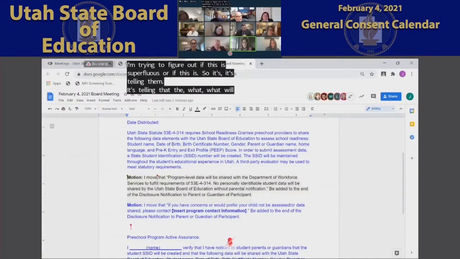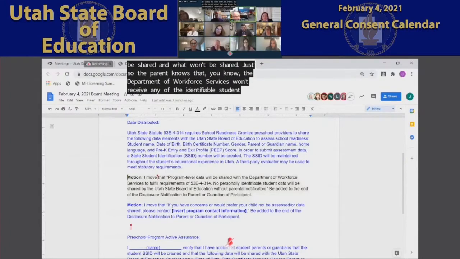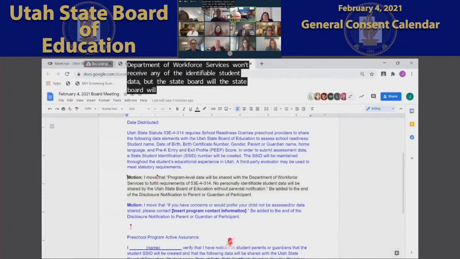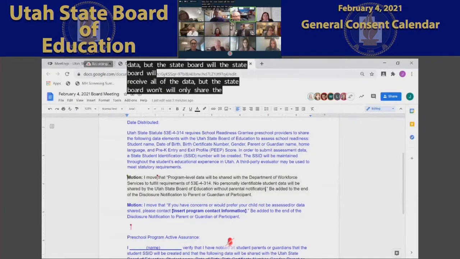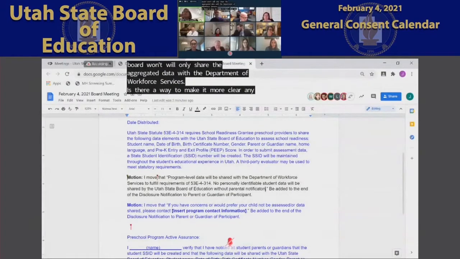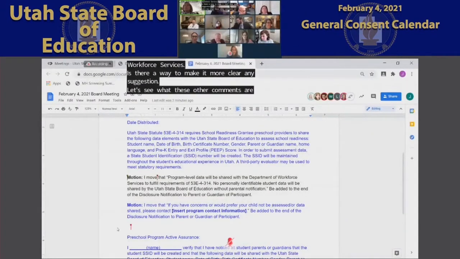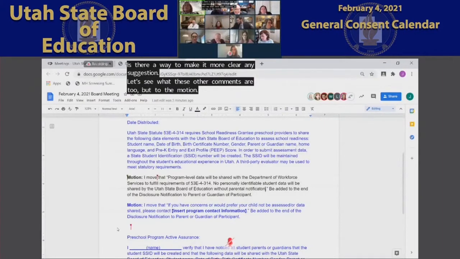Is there a way to make it more clear? Any suggestions? Well, let's see what these other comments are too, but to the motion, Board Member Lear? I'd like to hear from somebody who's working on this reading initiative, the specialist. I don't know if there's a DWS person in this meeting, or somebody at the USBE who'd be more appropriate.